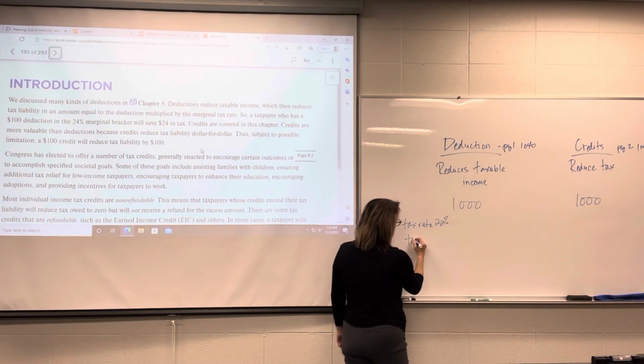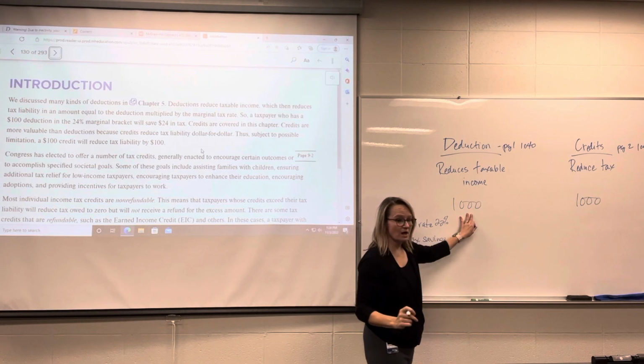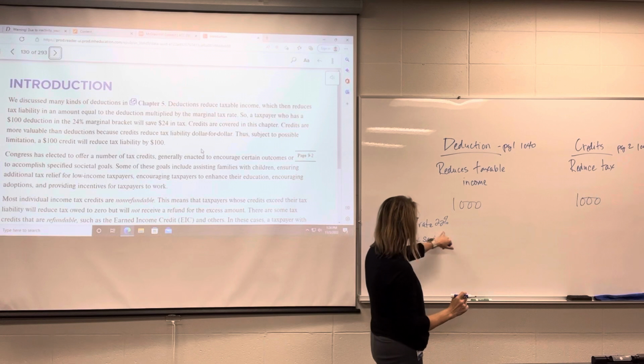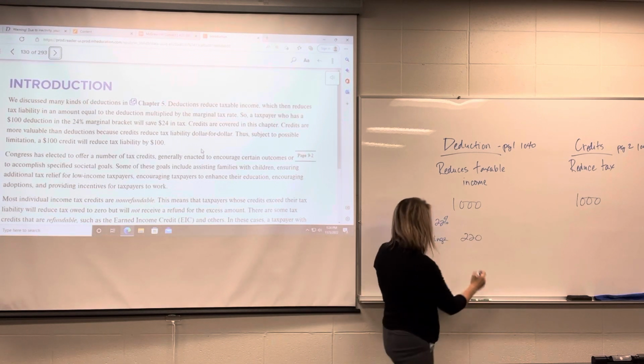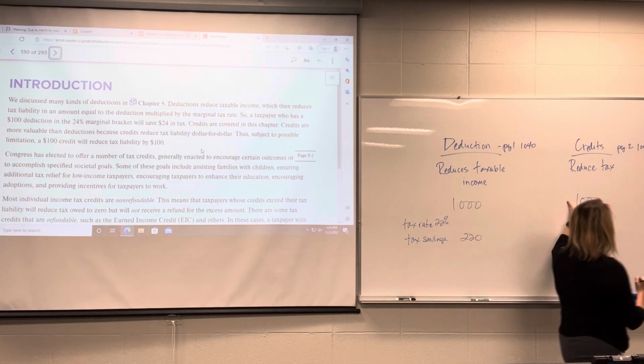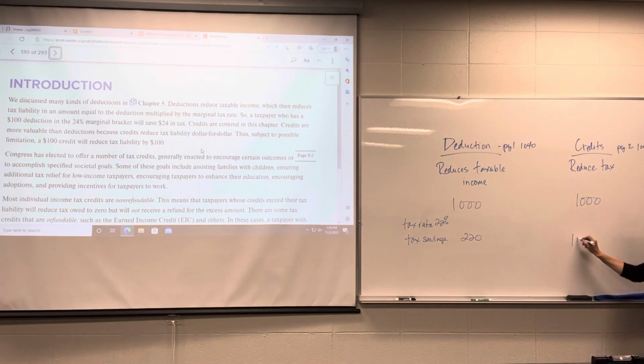Our tax savings on that $1,000 deduction is going to be 22% of that $1,000, so $220 tax savings. Over here, if we've got a $1,000 credit, our tax savings from that credit are $1,000.